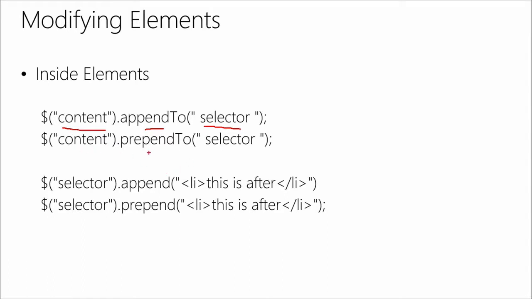Same thing with prepend to, except it would append it to the front instead of the rear. The second kind of syntax we have is that we start with the selector and then say append, and then put the content. These all do identical things, append and append to, and prepend to. It's just that the syntax is a little bit different.